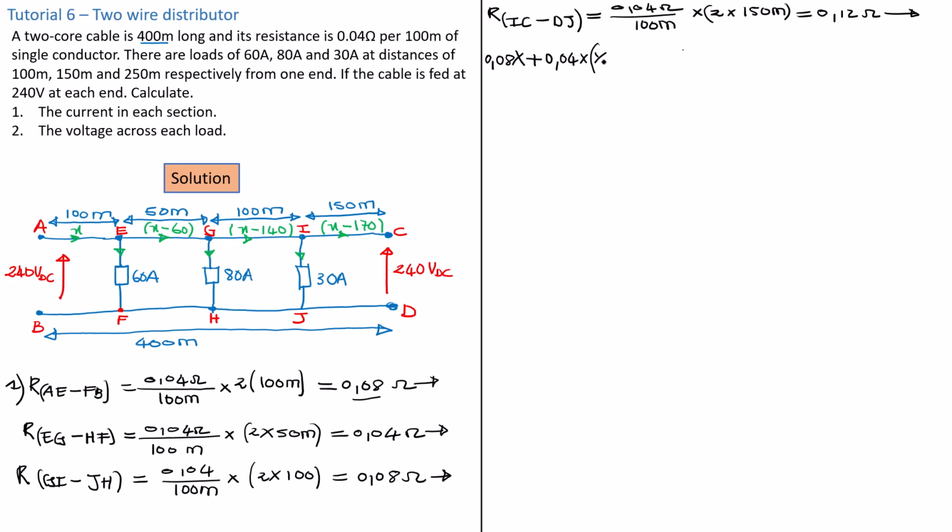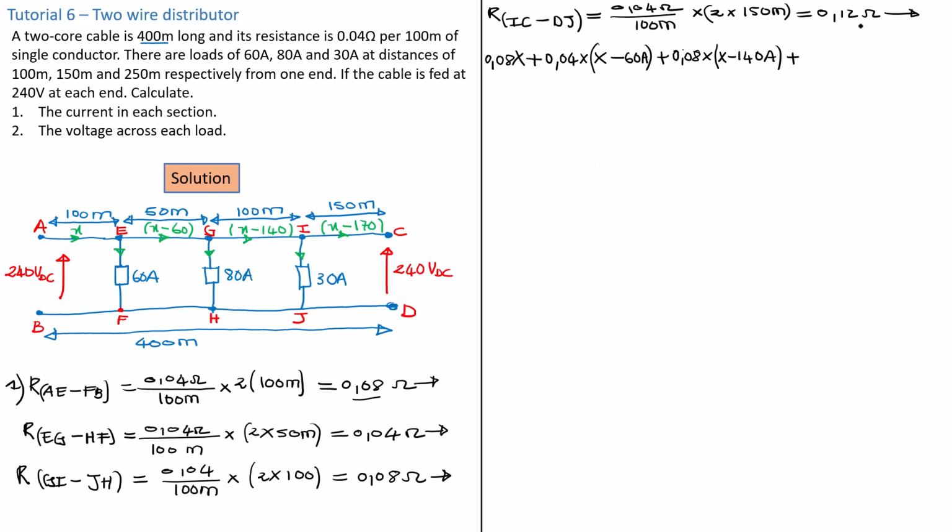So it is X minus 60 amps, plus the resistance on the next section, which is 0.08 times the current on that section, which is equal to X minus 140 amps, plus the voltage drop on this last section.